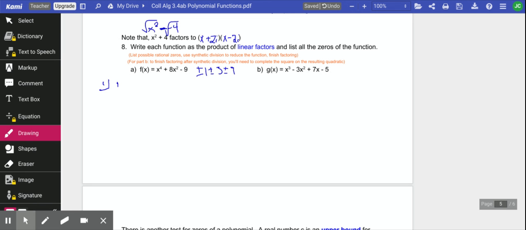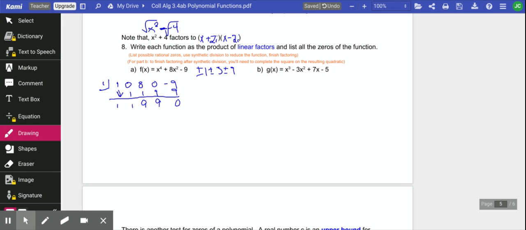So our coefficients are 1 x to the 4th, 0x cubed, 8x squared, 0x, and negative 9. So when we do our synthetic division, we multiply and add, multiply and add, multiply and add, multiply and add.